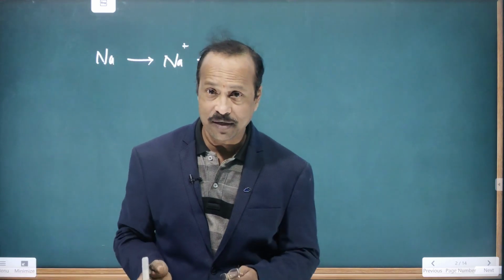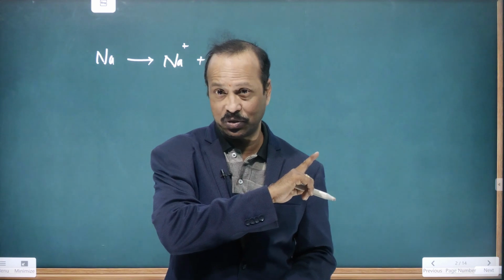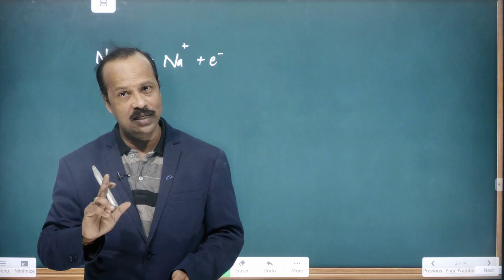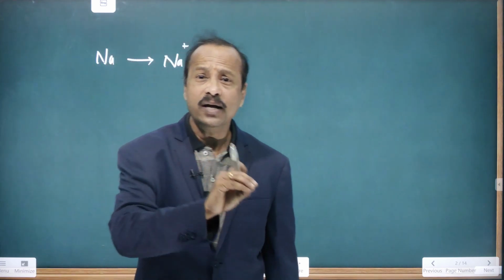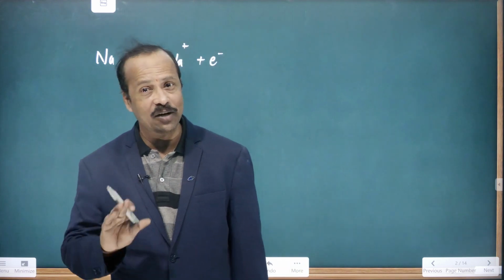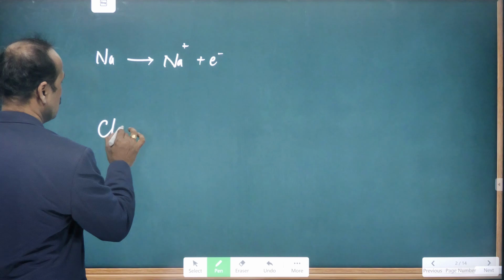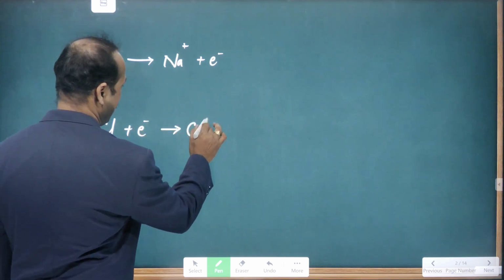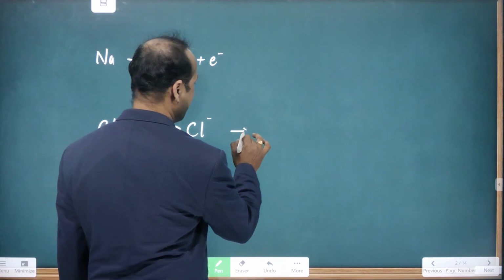Similarly, what is reduction? Gaining of electrons. Another definition of reduction is addition of hydrogen or removal of oxygen. Apart from that, gaining of electrons is called reduction. Example: chlorine, if it takes one electron, becomes Cl-, chloride ion. So this is a reduction.